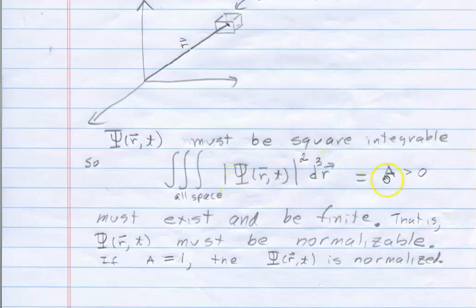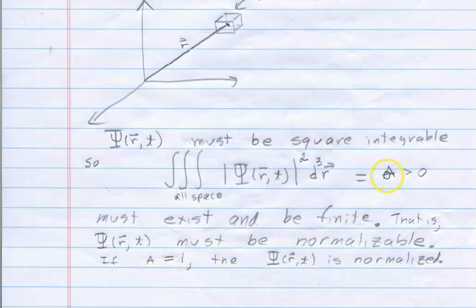For this to be a finite number, it's going to be a real number, and it's going to be bigger than 0. But it has to be finite. And that means that the wave function has to vanish essentially in all directions fast enough so that the integral can converge and be a finite number. Another way to say this is psi must be normalizable.